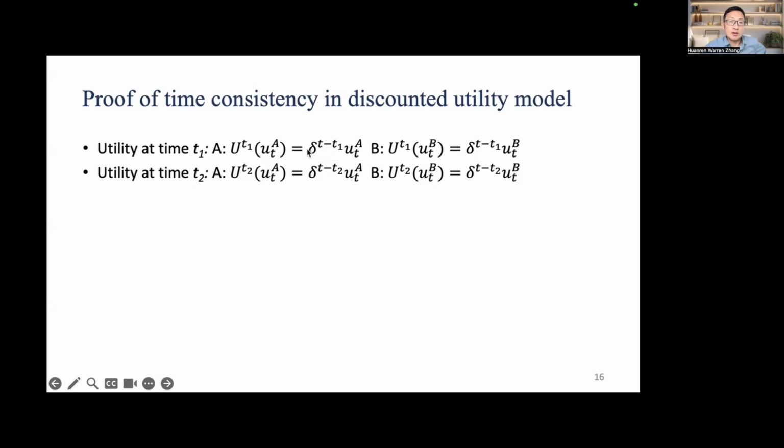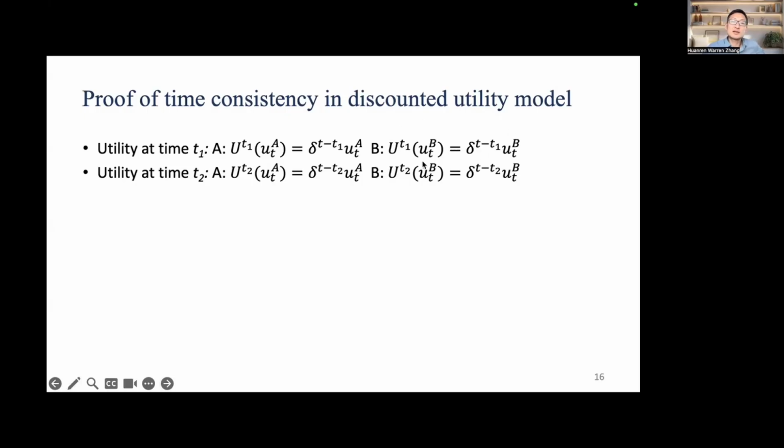So we need to discount the future utility experienced at T by the discount factor to the difference of the two time points. Right? So this is the discounted utility of A at time point T1. And similarly, this is the discounted utility you experience at time T1.